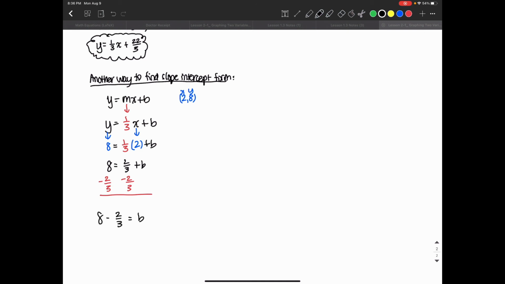In order for me to combine 2 fractions, I need the denominators to be the same, so I'm going to convert 8 over 1 by multiplying by 3 on the top and bottom, a giant 1, so I don't change the value of the fraction. I end up with 24 over 3 minus 2/3 gives me b, and that means b is 22 over 3. So again, I have y is equal to 1/3 x plus 22 over 3. It's just another way to get there.